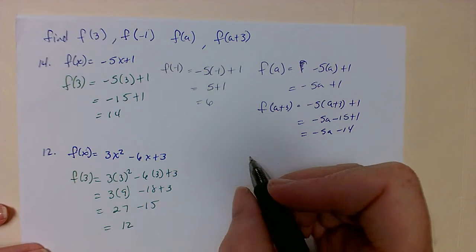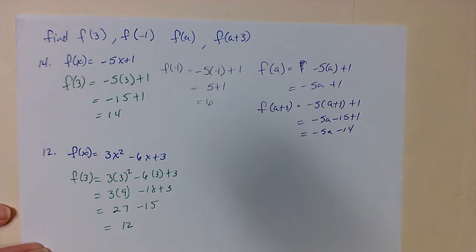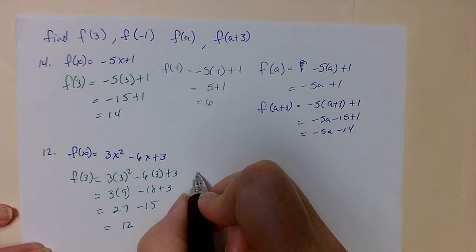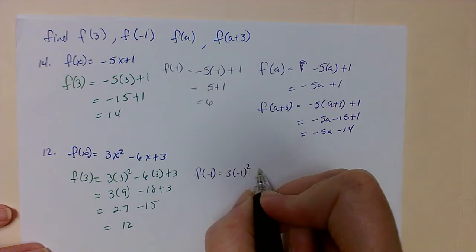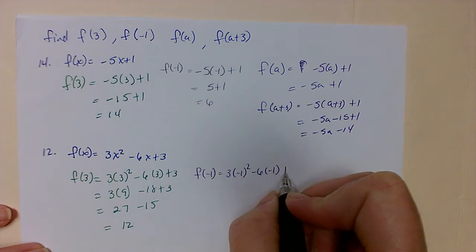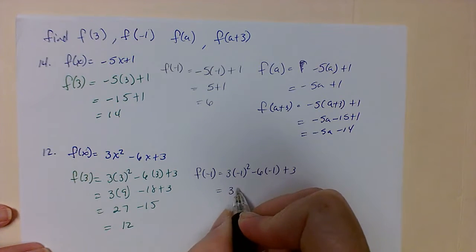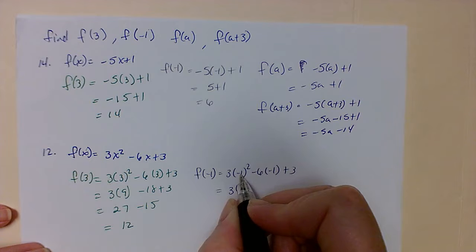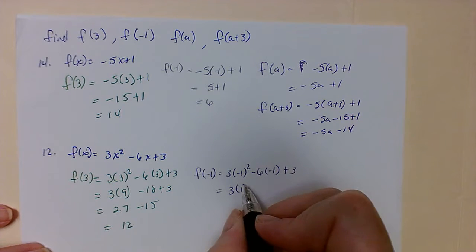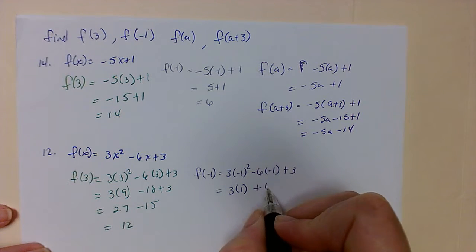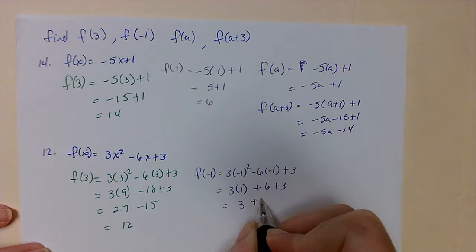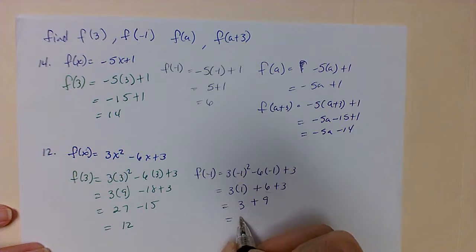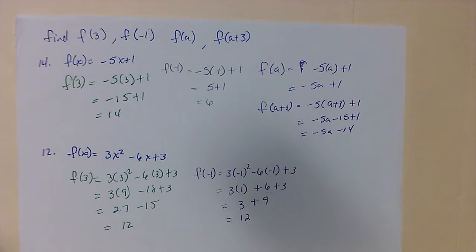Now, if we do f at negative 1, so f at negative 1 equals 3 times negative 1 squared minus 6 times negative 1 plus 3. This will get us 3 times 1, because whenever we square a negative, we always get a positive, plus 6 plus 3, which gets us 3 plus 9, which again, just by coincidence, will get us to 12.